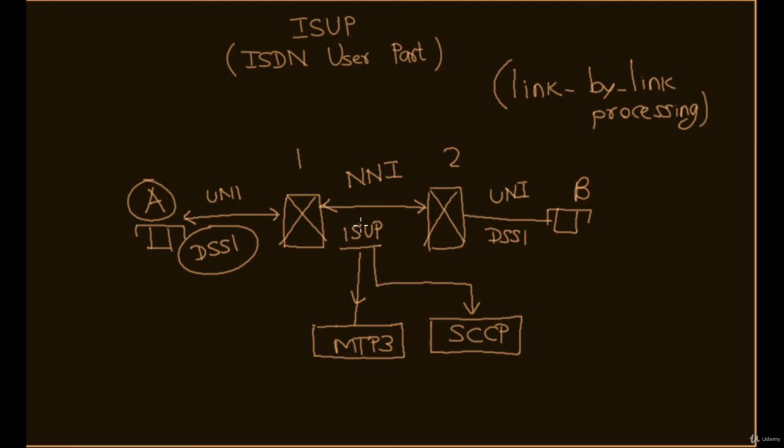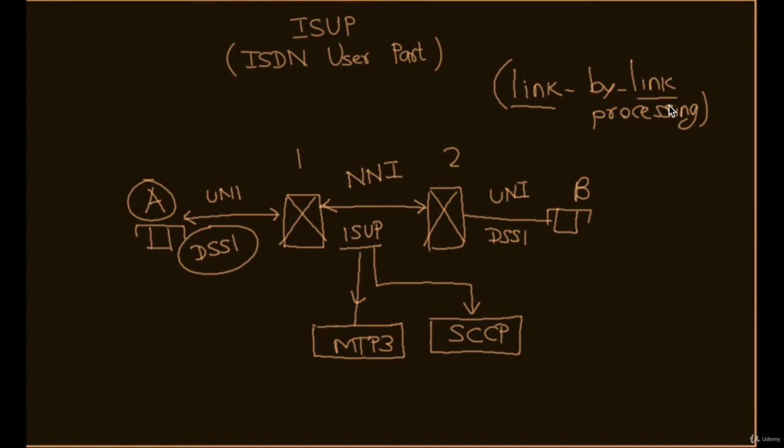So for call setup, link by link processing is done. Each and every hop, after receiving the message from the link, decodes it till the ISUP layer, and then based on the destination number, the further addressing is done. So it is required to be processed link by link.